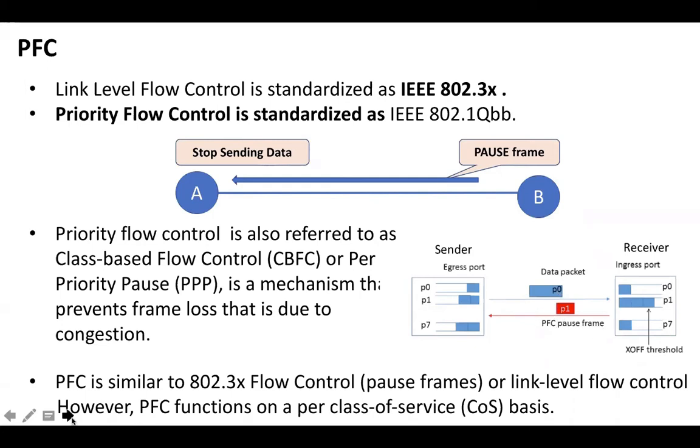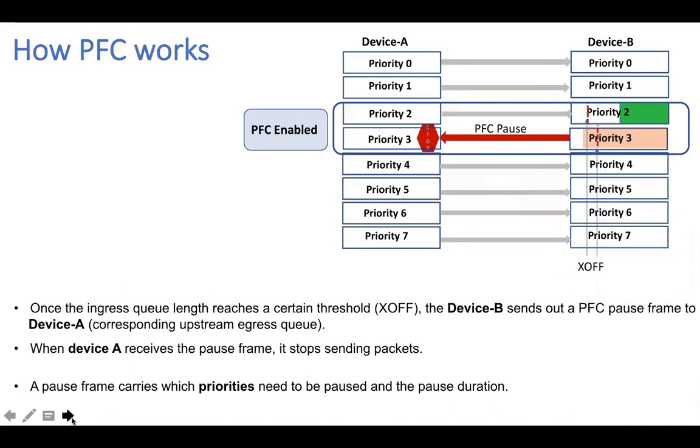Okay, to understand this better, let's take an example. Let's say communication is happening between device A and device B. Device A is acting as a source, device B is acting as a destination.